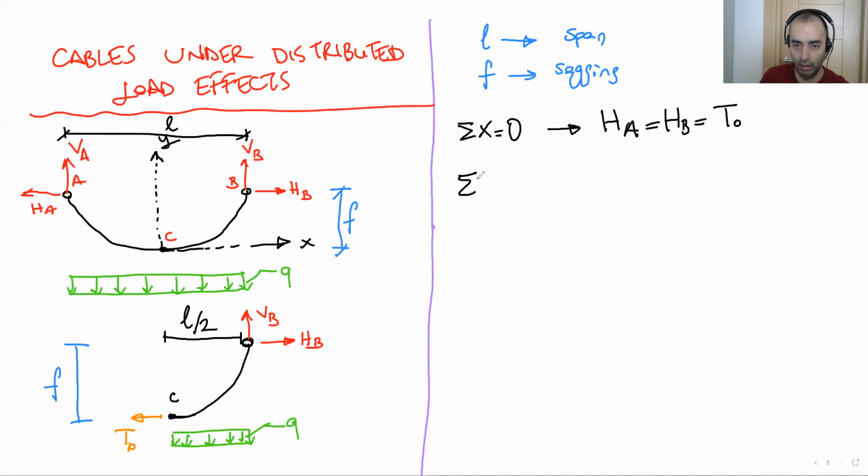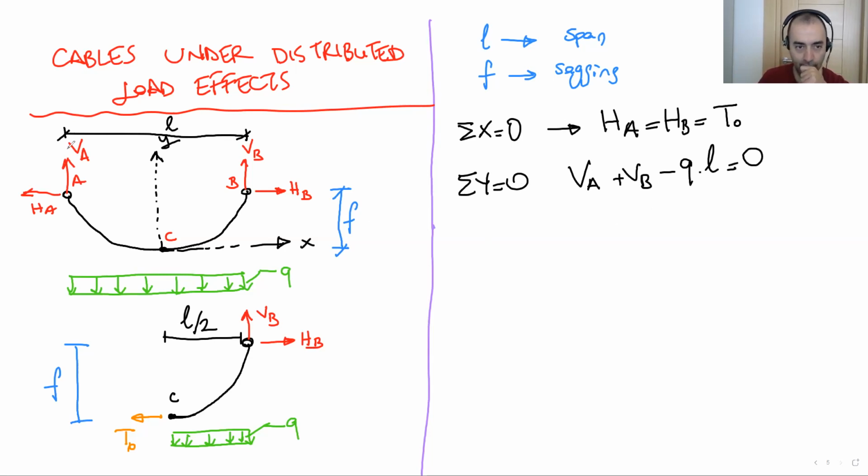Total Y equals 0. For this system, vertical A plus vertical B minus QL equals 0.